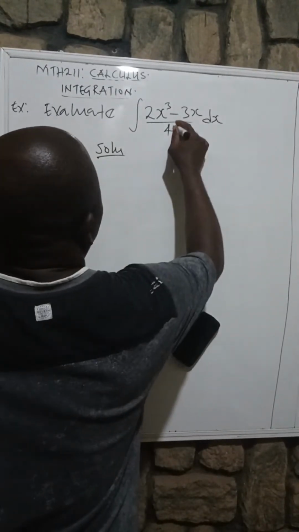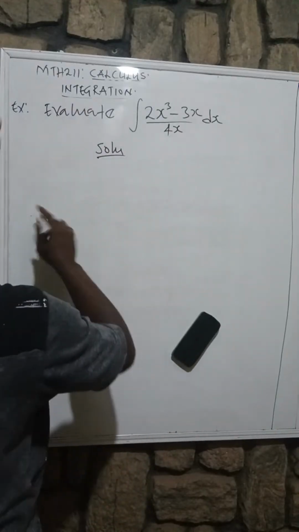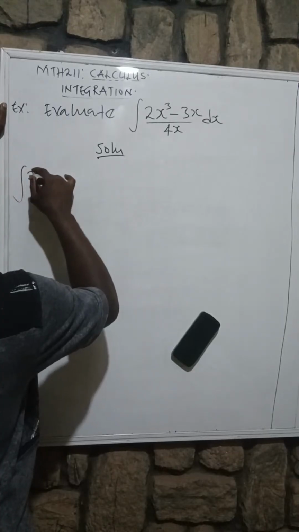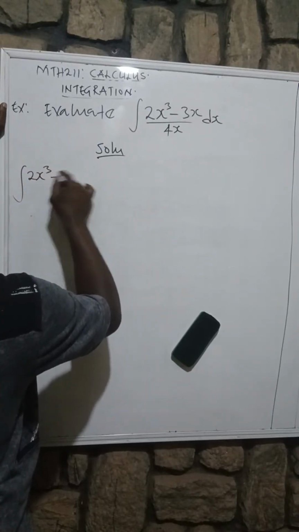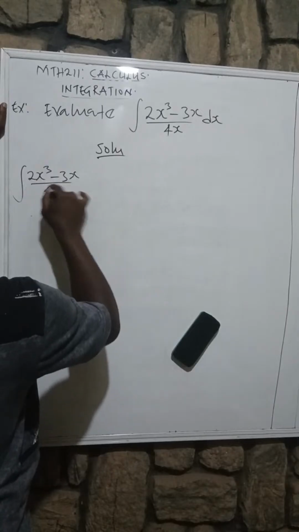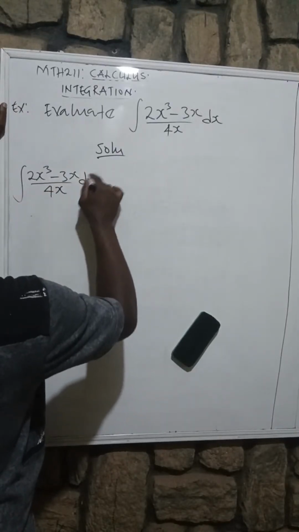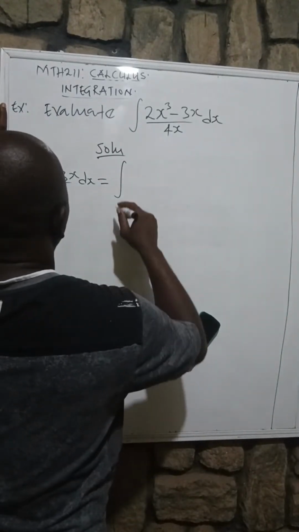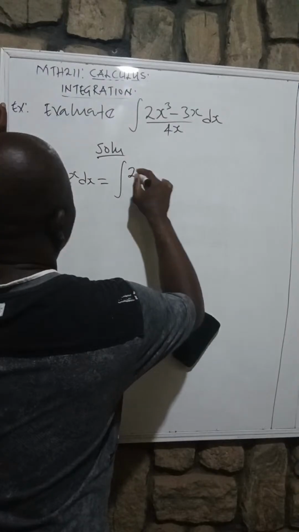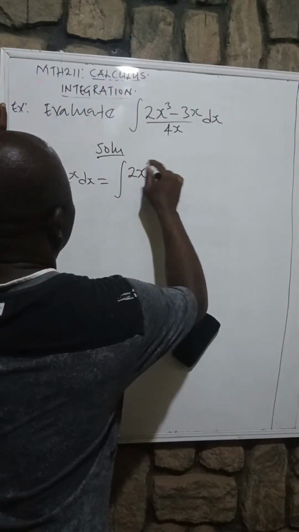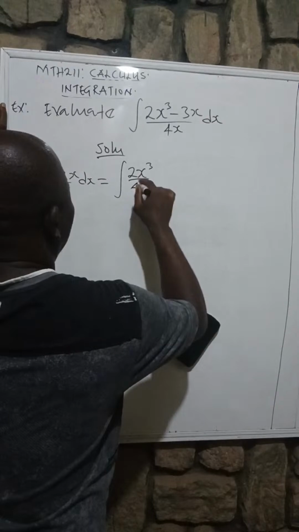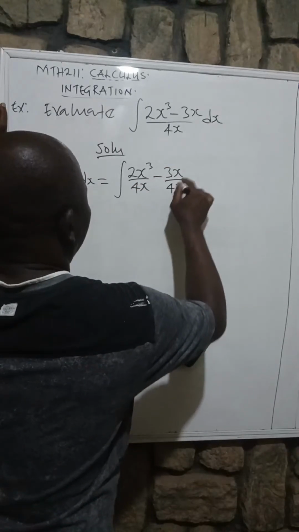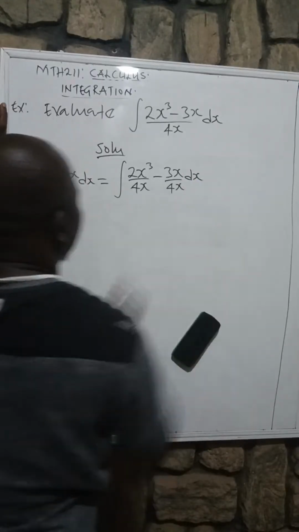Sorry, here is 4x. So this implies that integral 2x raised to the power 3 minus 3x all over 4x dx is the same thing as integral 2x raised to the power 3 all over 4x minus 3x all over 4x dx.